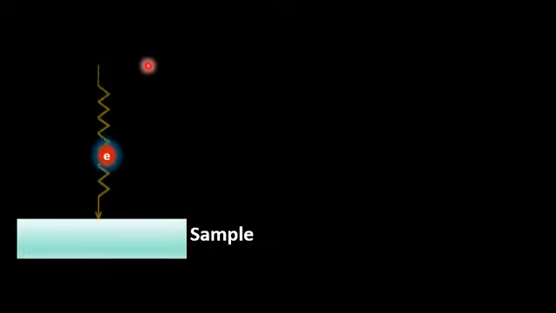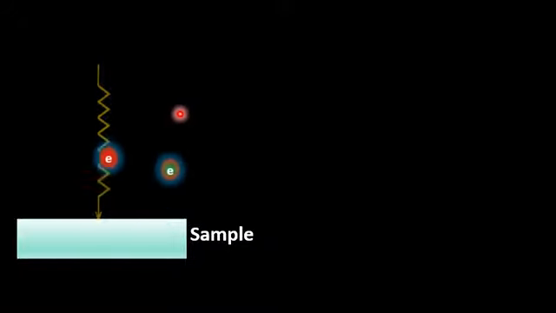So when the stream of the beam of electrons is incident on the sample surface, there will be an electron present on the surface of the sample. Due to the transfer of energy from this beam of electrons to electrons with less binding energy, the electron will be ejected from the sample surface like this.